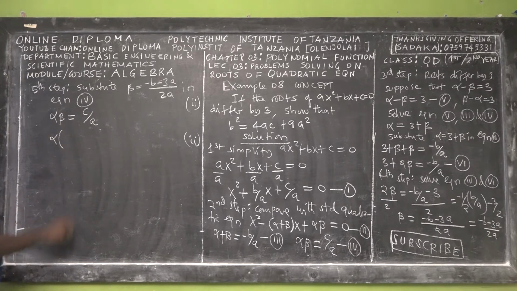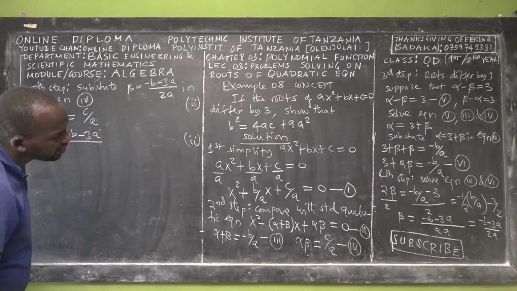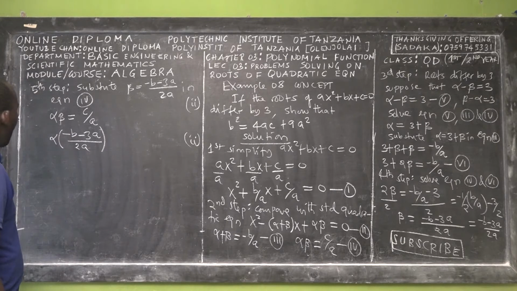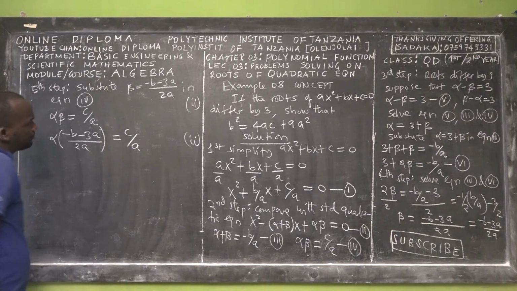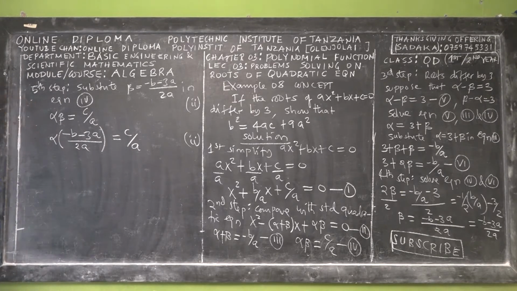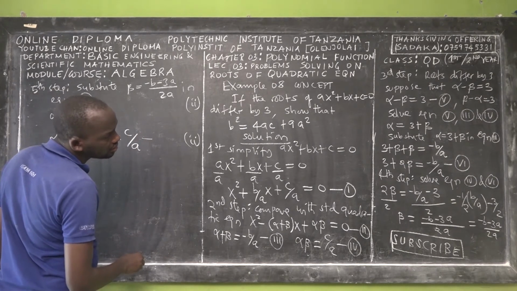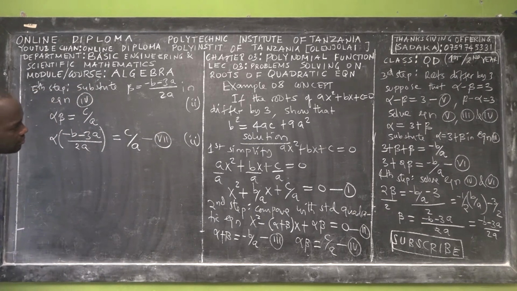Alpha we don't know, but beta is equal to negative b minus 3a over 2a. It's equal to c over a, okay? So this is equation 7.